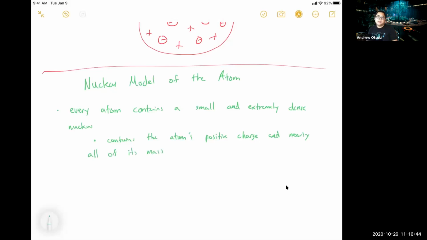And we can say this because at any other point, the particles just passed through the atom, so it didn't hit anything. There's no resistance. So it gives an indication that most of the atom is empty space.